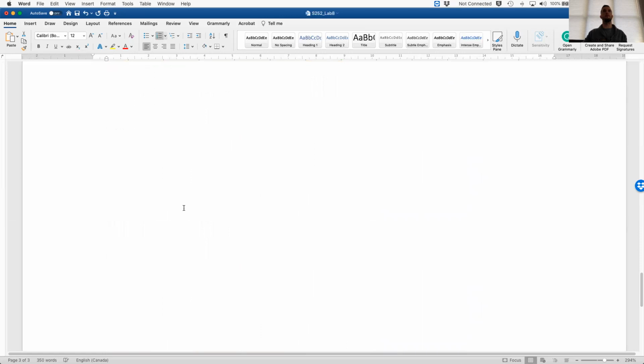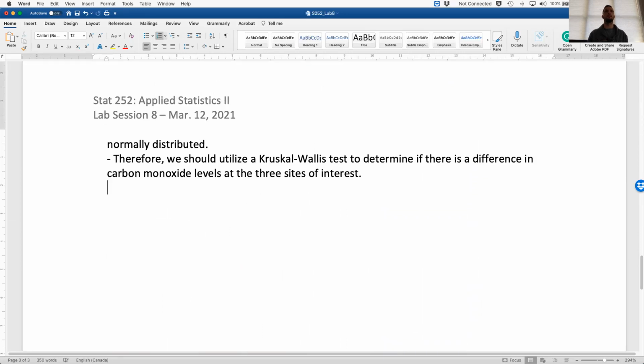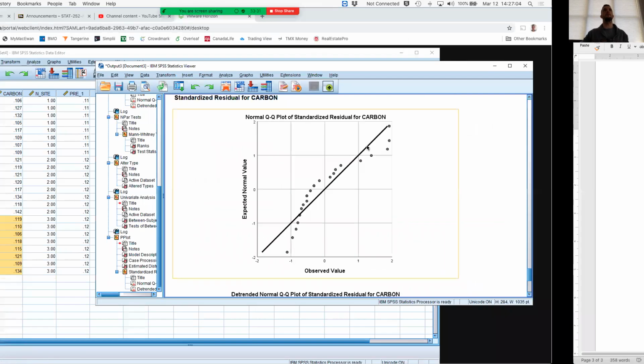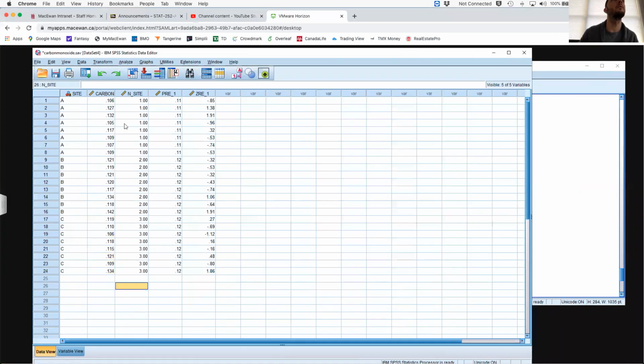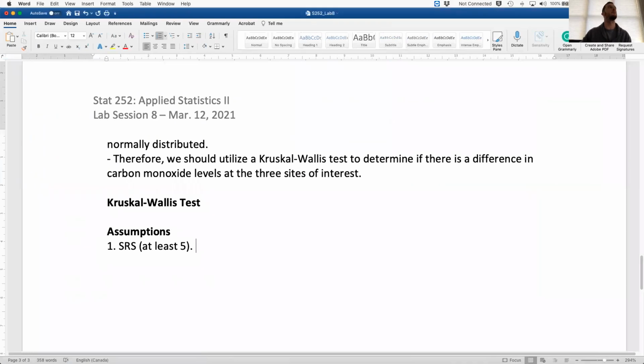Okay, so we're going to utilize the Kruskal-Wallis test. Okay, so the first assumption is that we have SRS and that the sample size is at least 5. Okay, so from SPSS, we can see that we have 8 observations in the first group, 8 observations in the second group, and 8 observations in the third group.